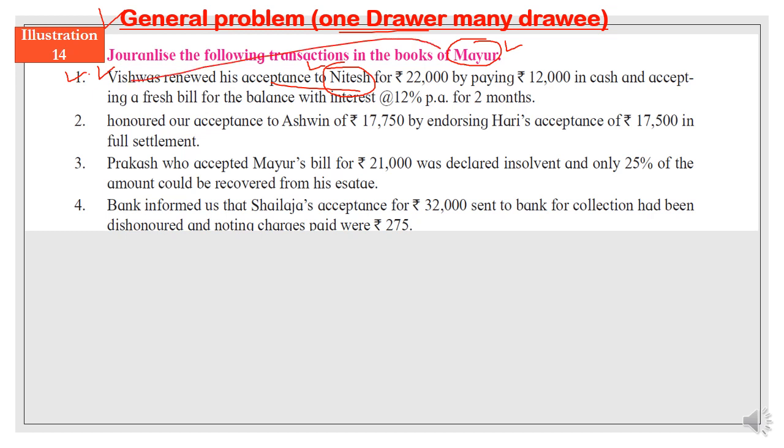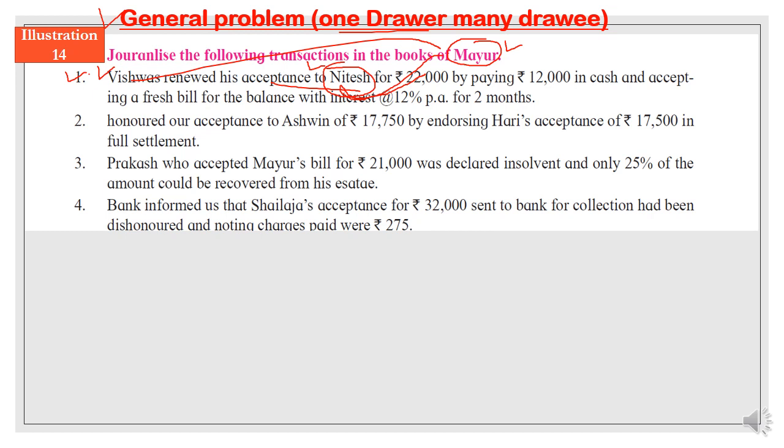Mayur, because Mayur has given a loan to him of rupees 22,000, which Vishwas has to pay. But what happens, students? Nitesh is a creditor of Mayur. He is not an endorsee, he is a creditor of Mayur. Okay, but the thing happened like this.